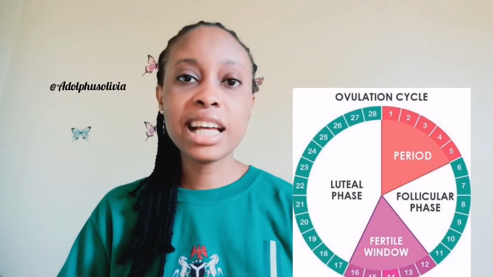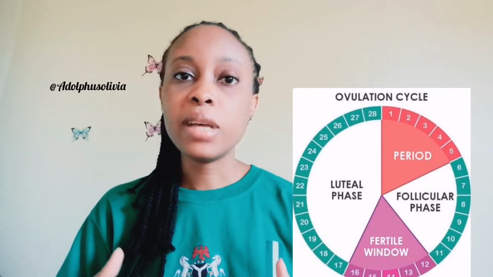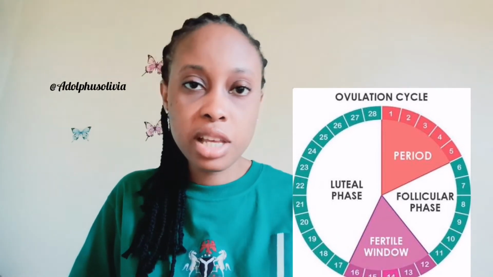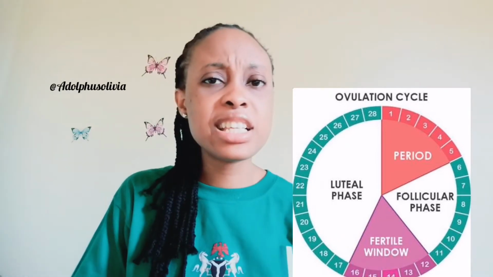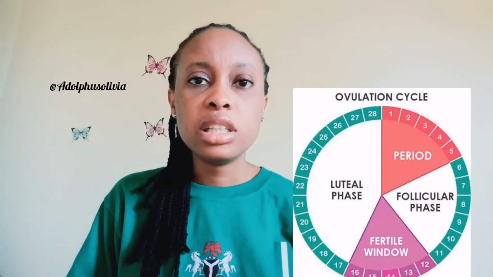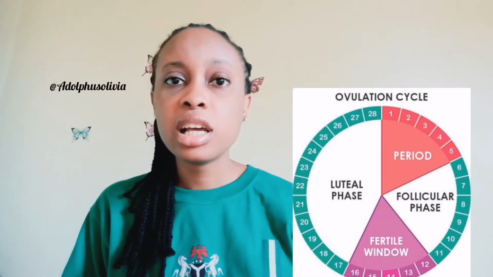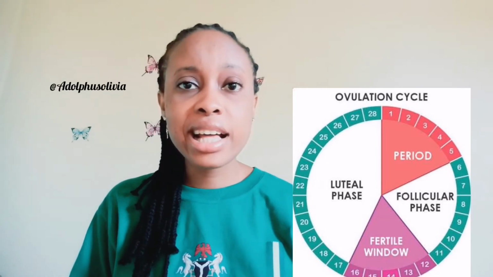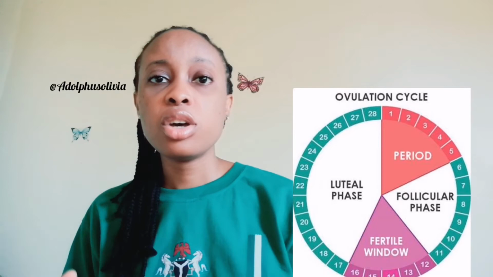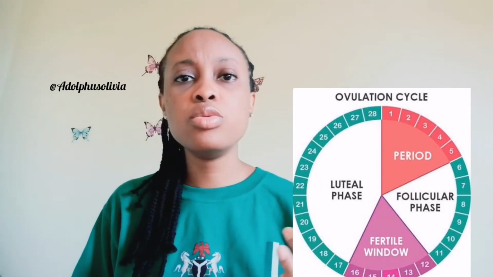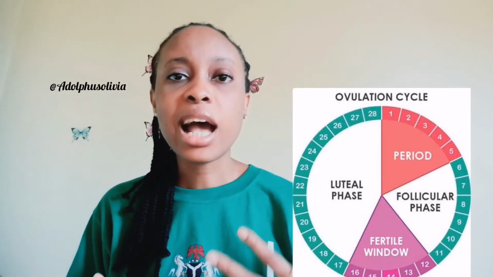So it's expected that at that time a baby is supposed to come in, so your body is releasing everything it needs to house a baby. After that phase has passed and nothing happens, there was no fertilization, the egg dies. When that egg dies, it now enters the luteal stage. During that period, your body is still preparing to know if a baby is going to come in, if something is going to happen.